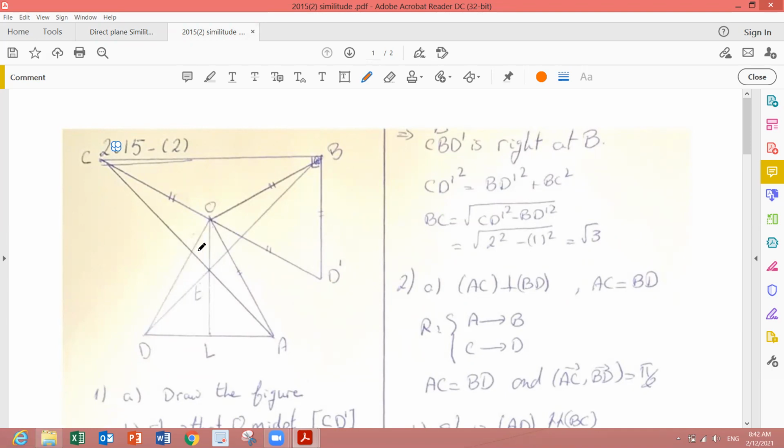We have a direct equilateral triangle. This side equals this side equals this side. You have drawn the equilateral triangle? Yes, Haikaz.